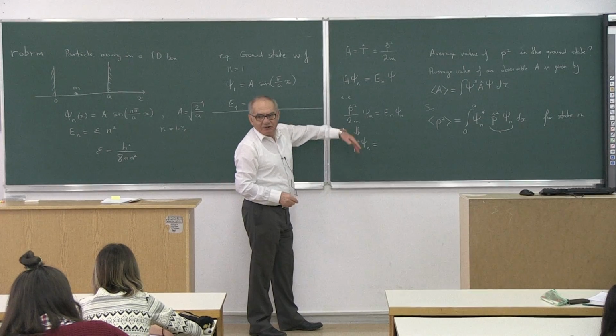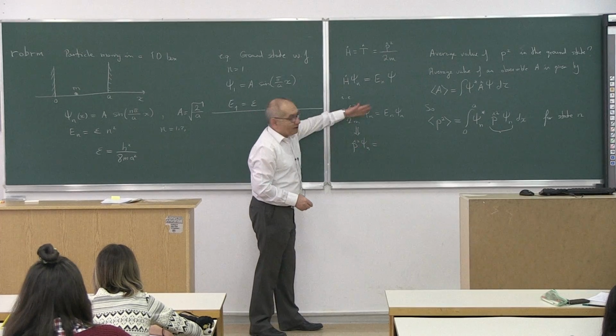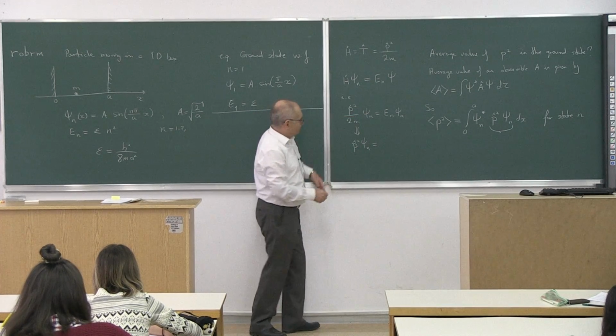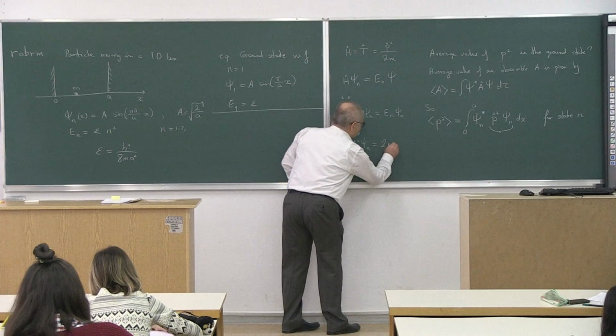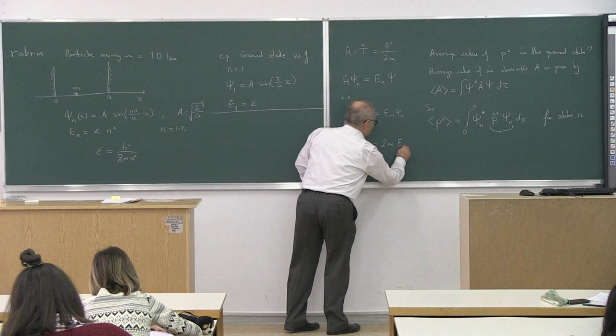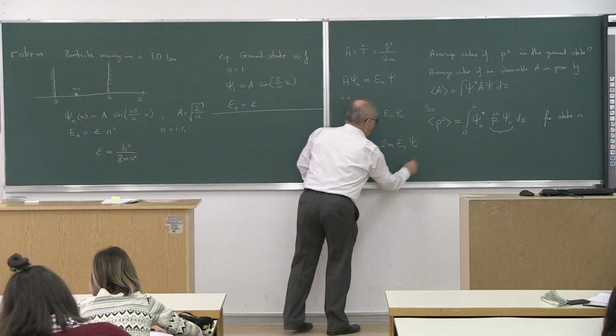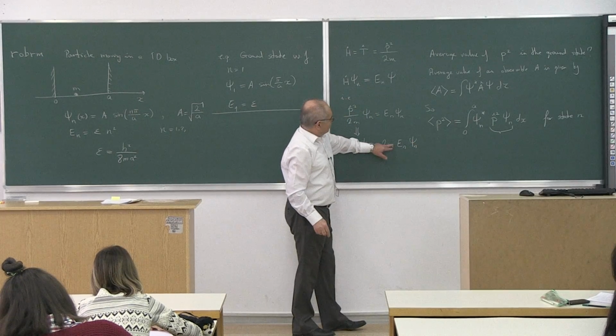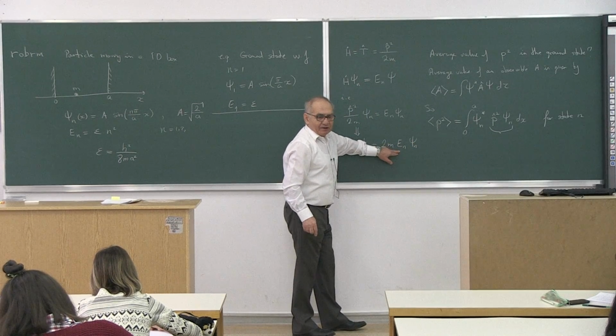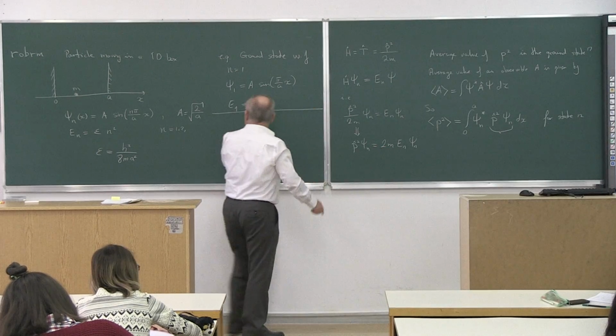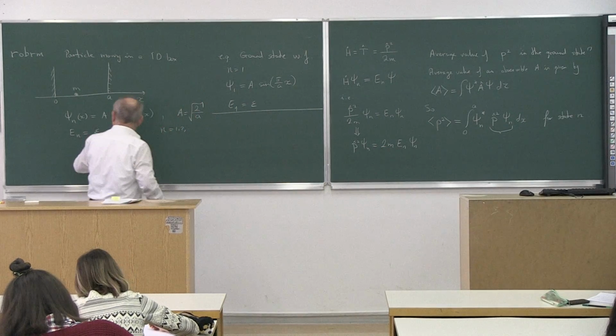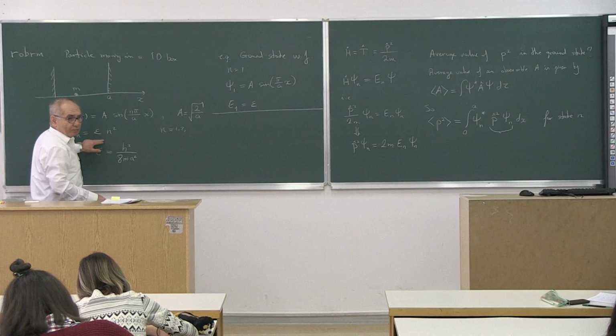Two times m is just a constant. So just multiply this expression with 2 times m. Two is a constant, m is a constant, energy is a constant, En is this expression. All right?